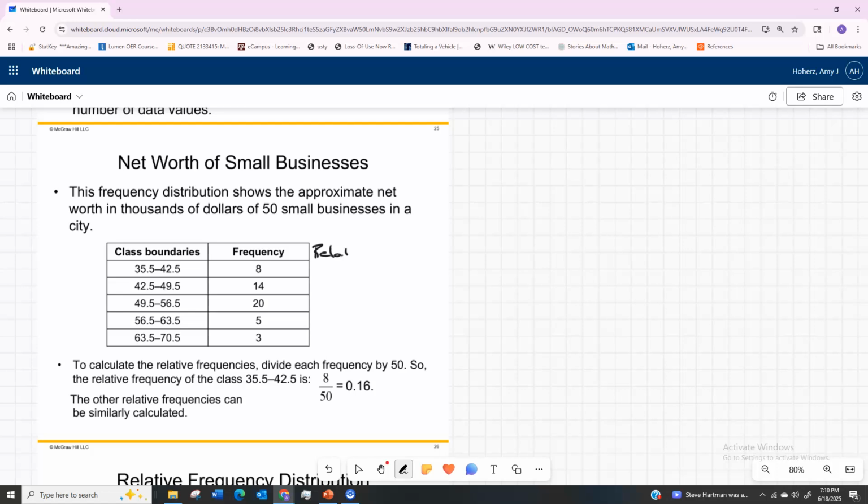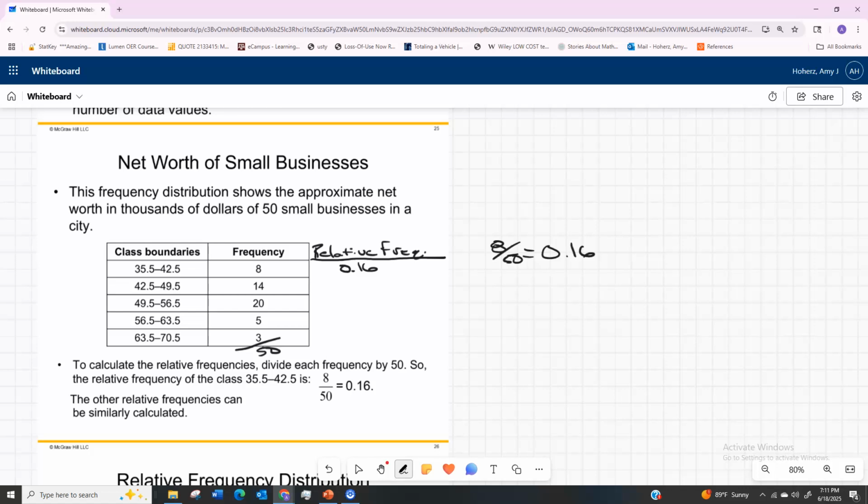We want to take the frequency and compare it to the whole. So remember, there's a total of 50 here. So we want to take each of these values and divide it by 50. So 8 divided by 50 is 0.16. So the relative frequency of the first class is 16% or 0.16.